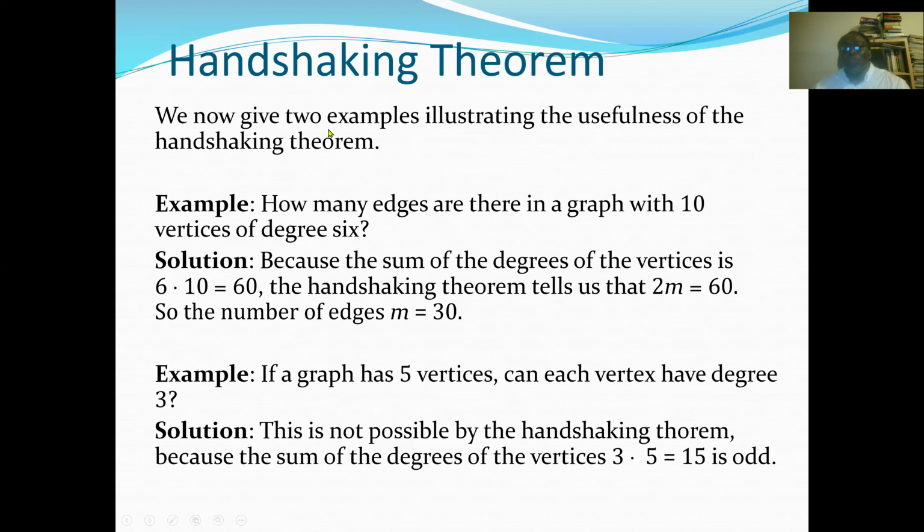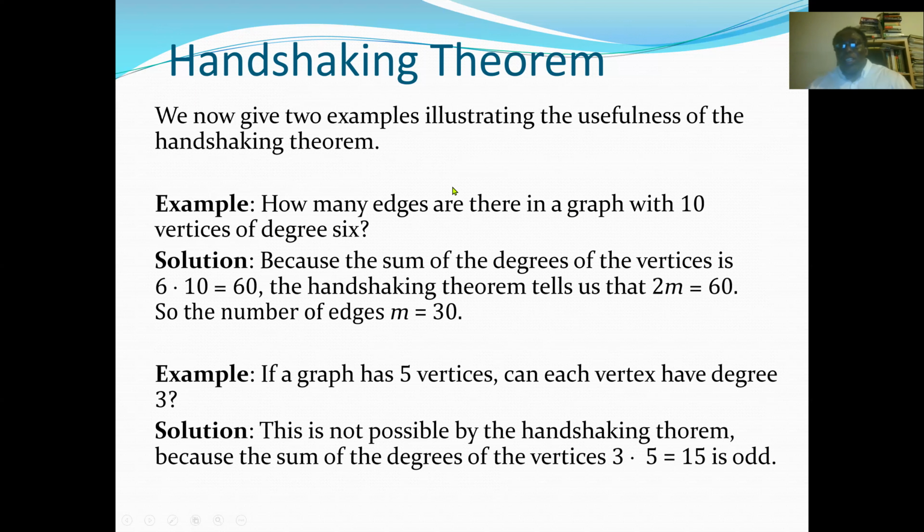So we now give 2 examples illustrating the usefulness of the handshaking theorem. Let's see the first example. How many edges are there in a graph with 10 vertices of degree 6? So this means we have 10 vertices and each vertex has degree 6.